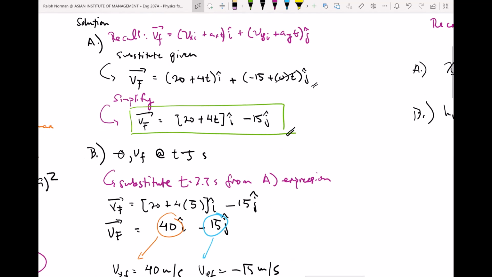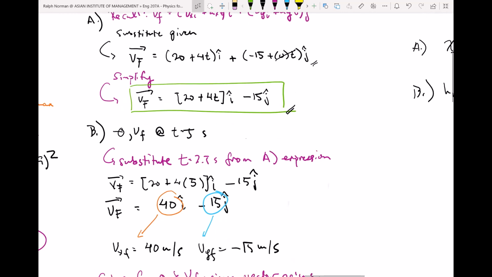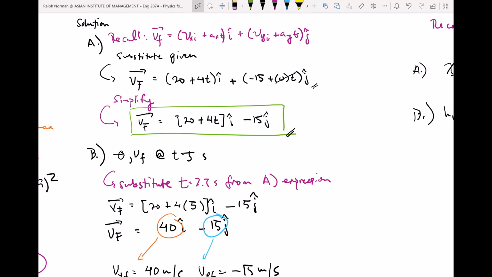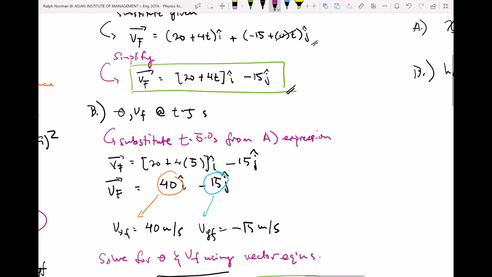Remember what we did with A. To solve for B, we simply substitute the time at 5.0 seconds, the provided time, into our A expression, and you would yield the following velocities for x and y.